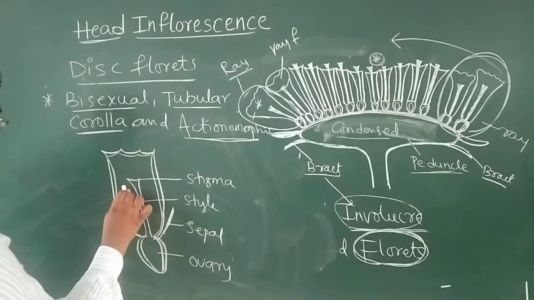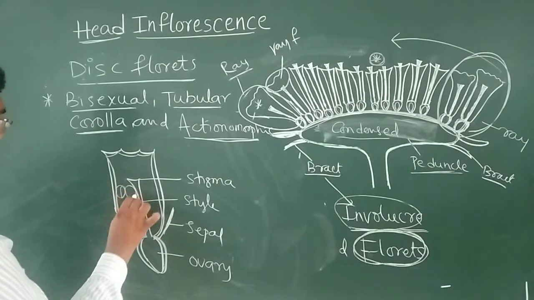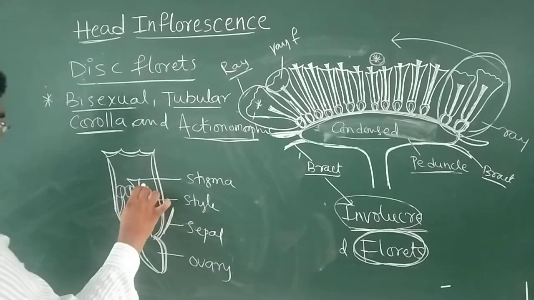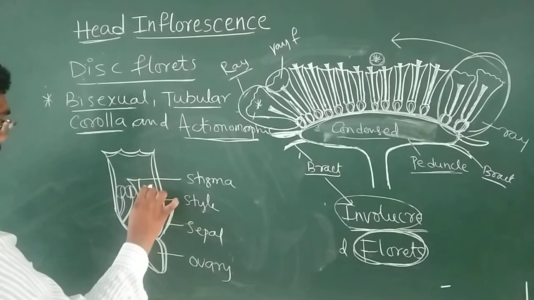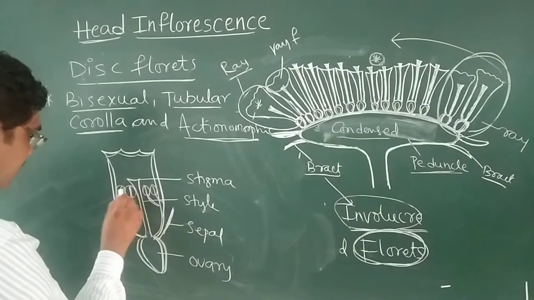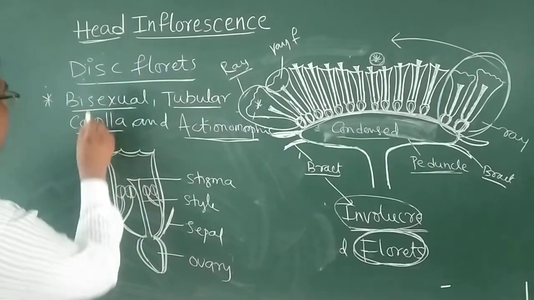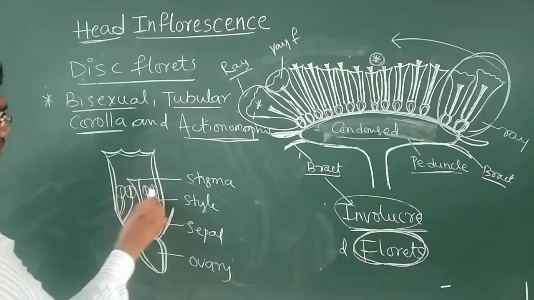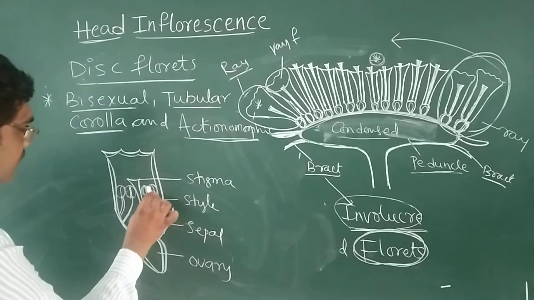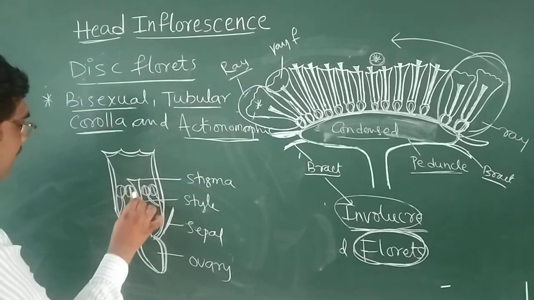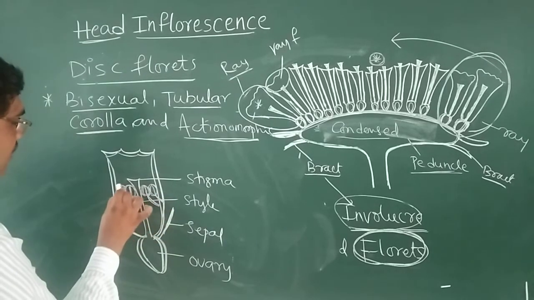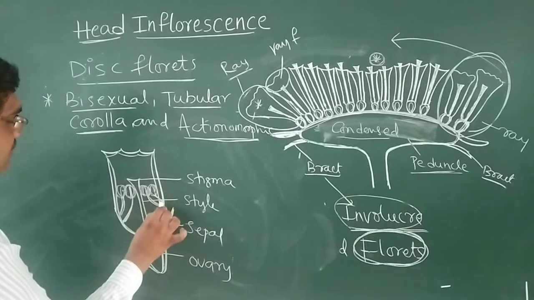Here the stamens are there, this is one stamen. These stamens are attached to the petals, which is called the epipetalous condition. In these disc florets the most important characteristic is that the anthers of the stamens are united and the filaments are free.